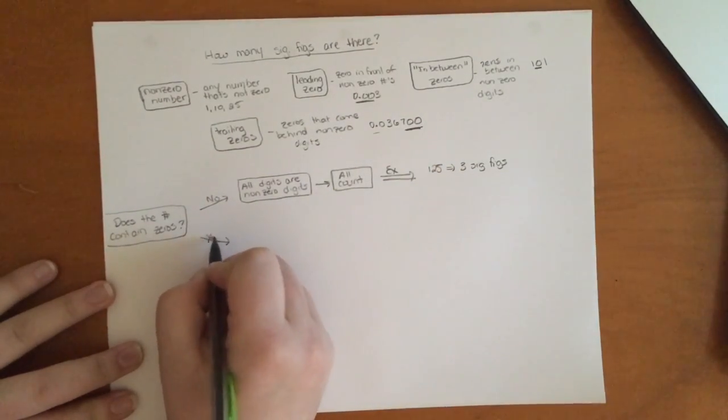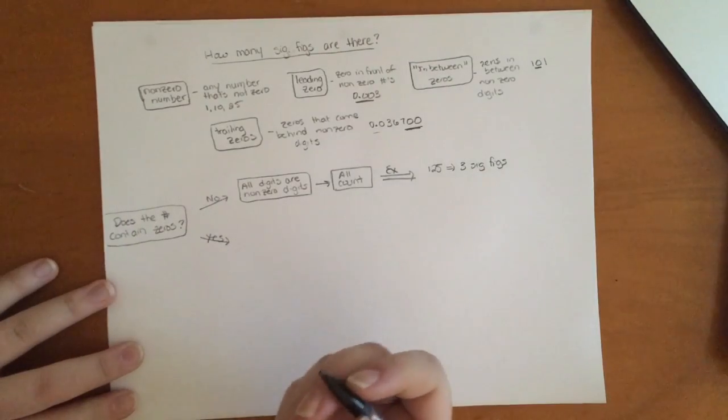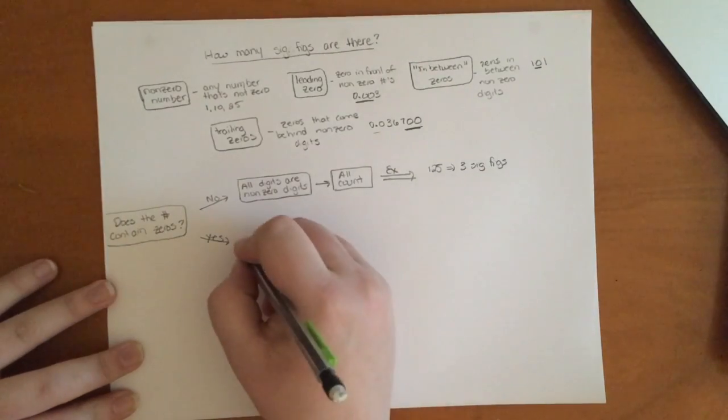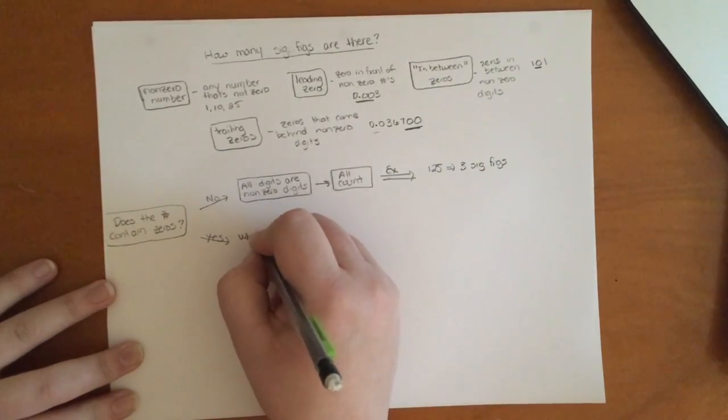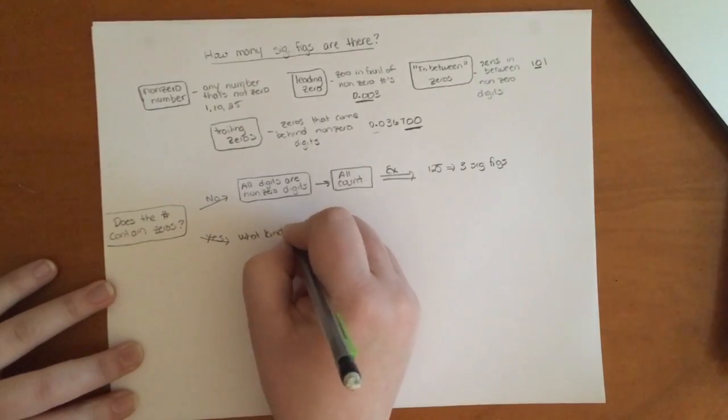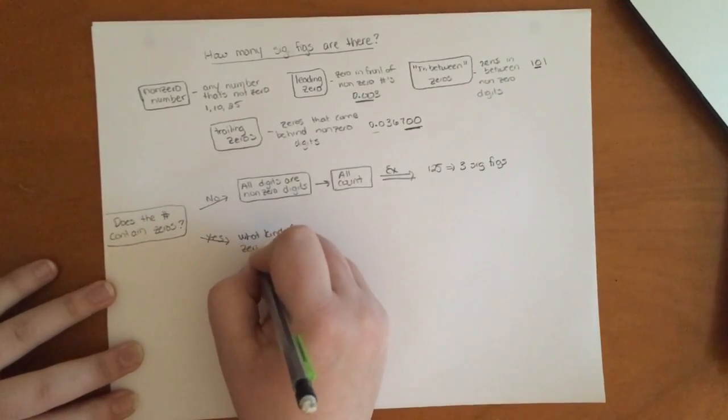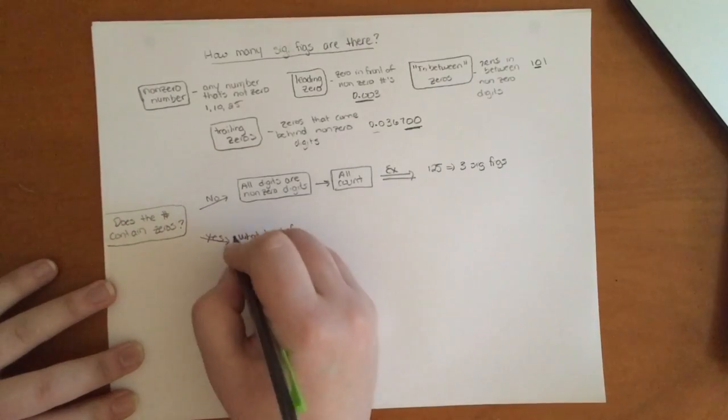Now, if the number does contain zeros, the next question we ask ourselves is, what kind of zero is it?